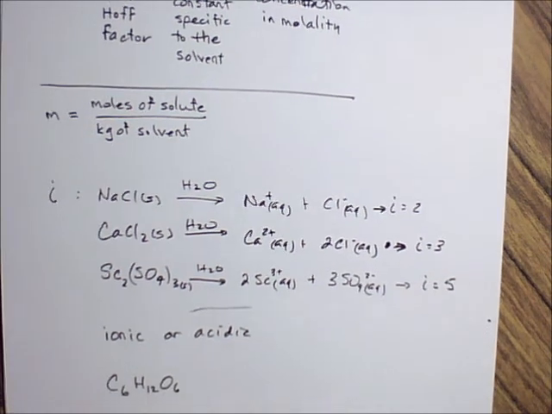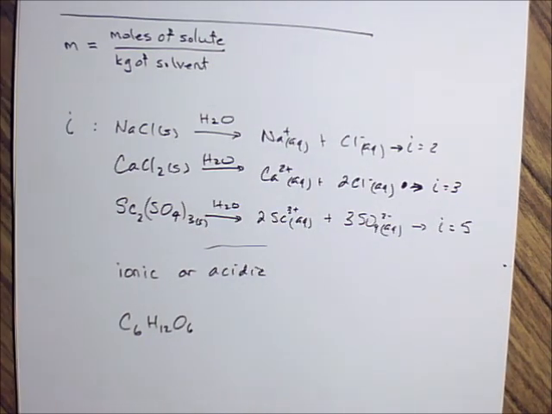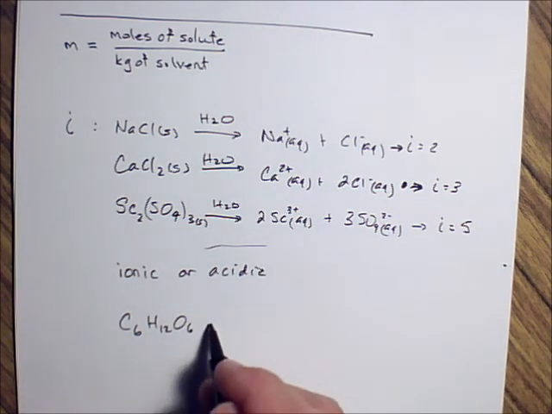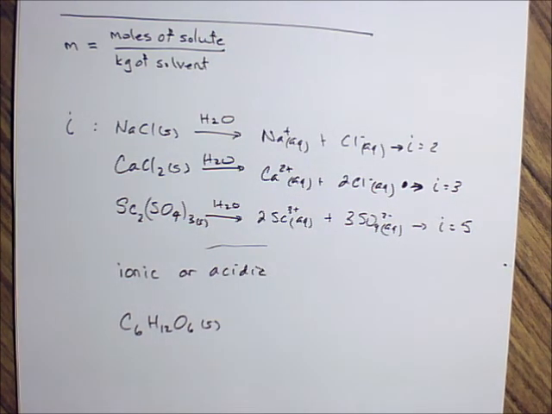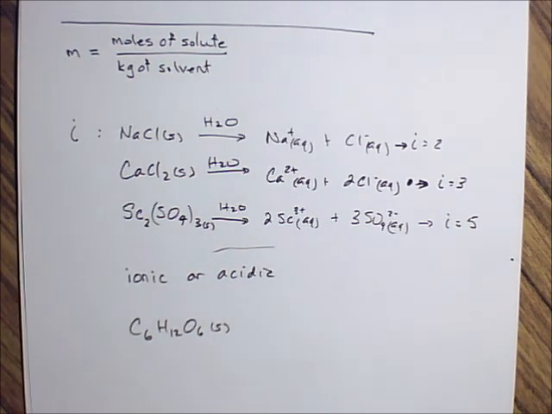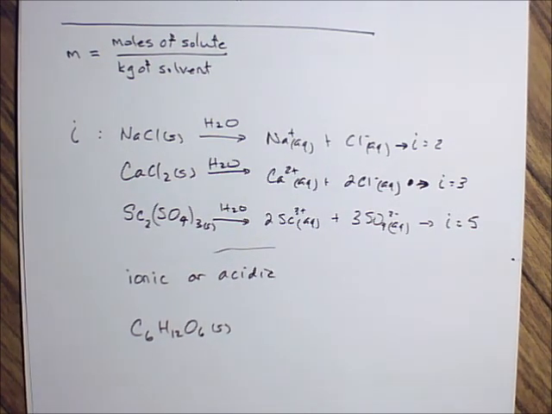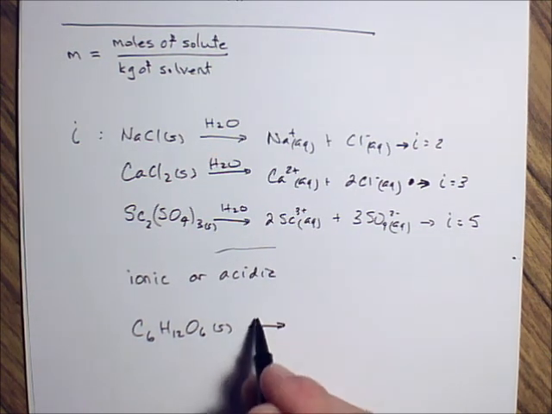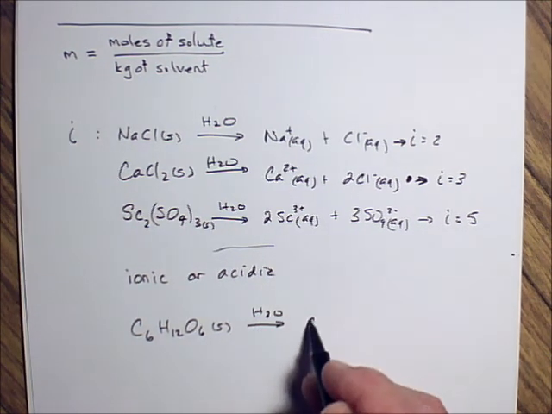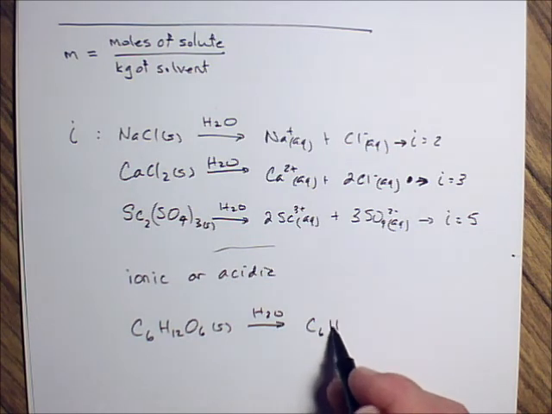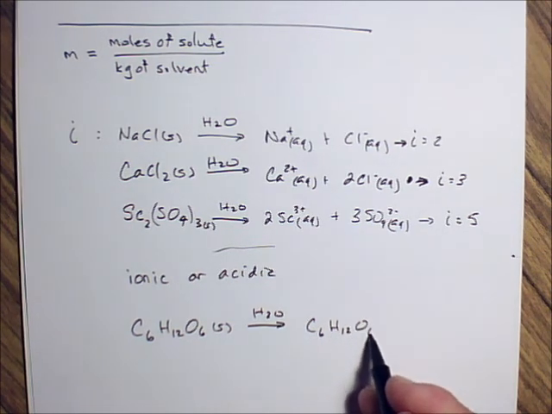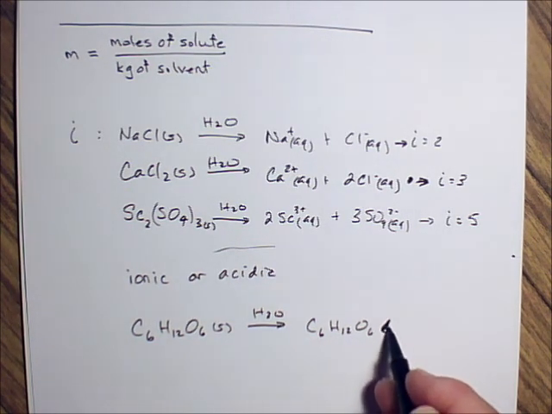Now this is not ionic and it's not acidic. This is like sugar, a simple sugar like glucose. It will dissolve in water, but when it dissolves it doesn't break up because it's not ionic and it's not acidic. It just becomes aqueous.